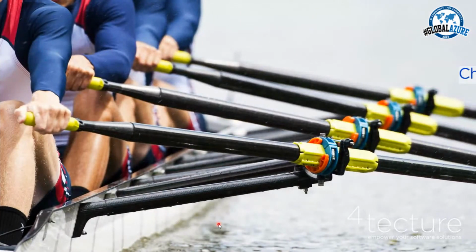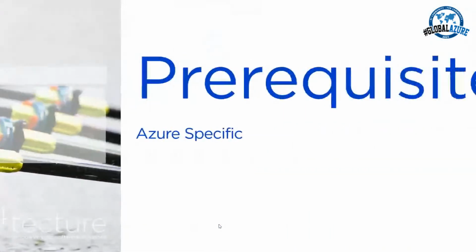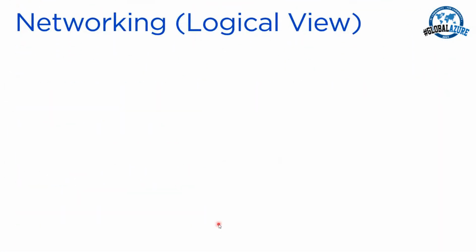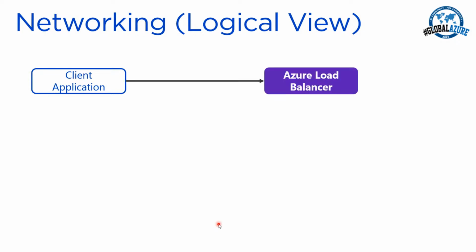Okay, so long story short, now we want to see how to set up. First thing we need to talk about is there are a couple of different network configurations. And logically, it's quite simple. We have a client application accessing a service in our Kubernetes cluster. So it somehow gets to an Azure load balancer.